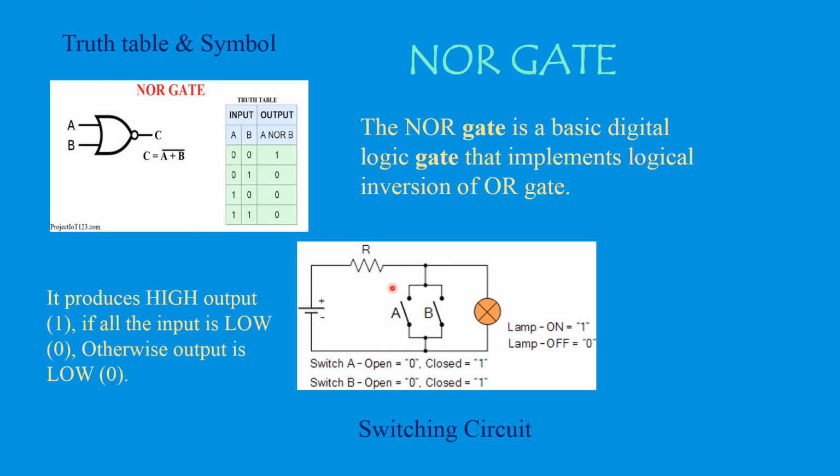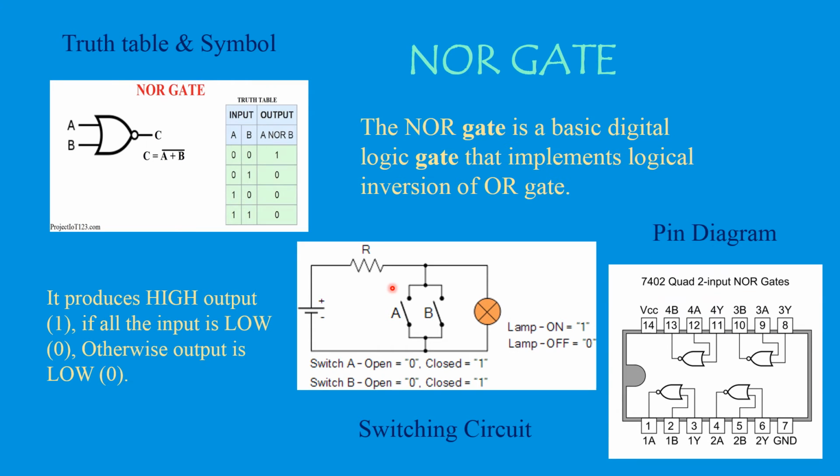Next we'll have your ICs. What is the IC used now? Remember the pin number: IC 7402 is used for the NOR function. Look at this. So far what you have seen is that all your gates inside the IC would be facing downward, wherein only for the NOR gate, that is specifically for IC 7402, you will have all your four gates facing upward.